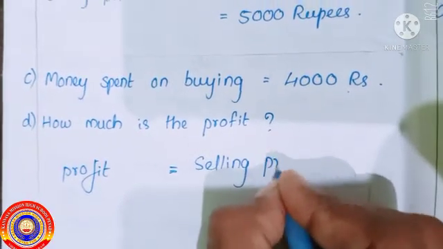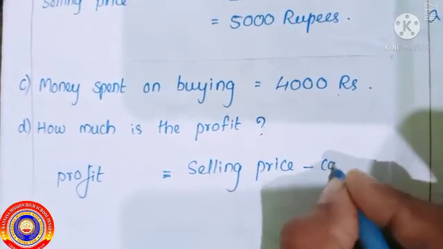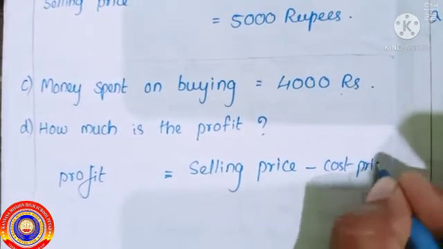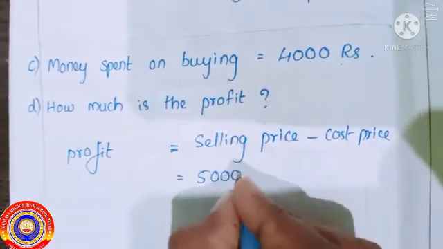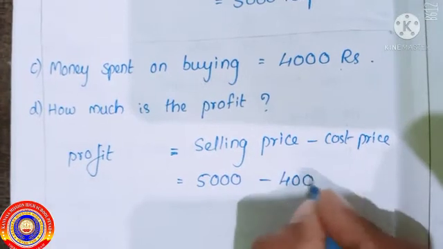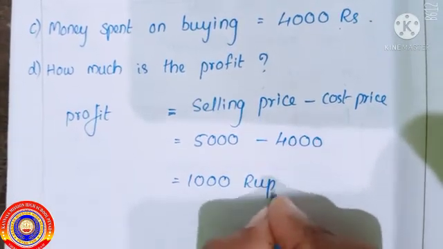Profit is equal to selling price minus cost price, that is equal to 5,000 minus 4,000, which is equal to 1,000 rupees.